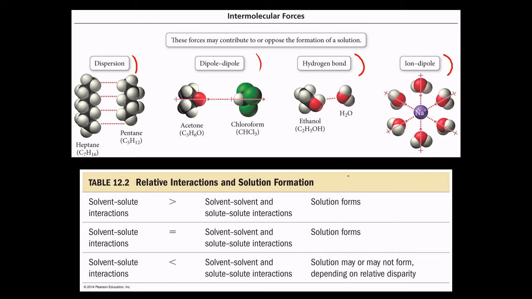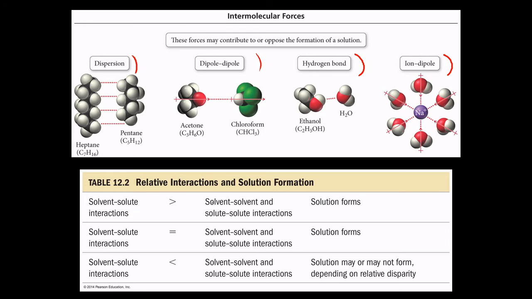In reality, there are a few exceptions to that, but they're very rare, so we're just going to pretend like they don't exist. For our purposes, entropy is always going to favor a solution forming.